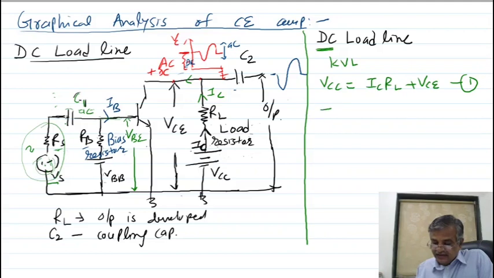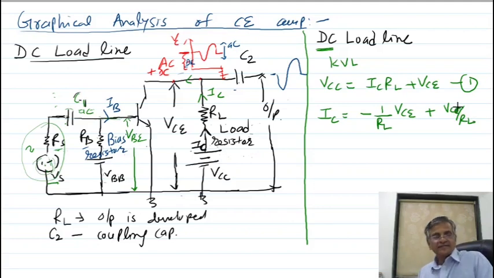From this I can write IC is equal to minus 1 upon RL into VC plus VCC by RL. This is the equation.